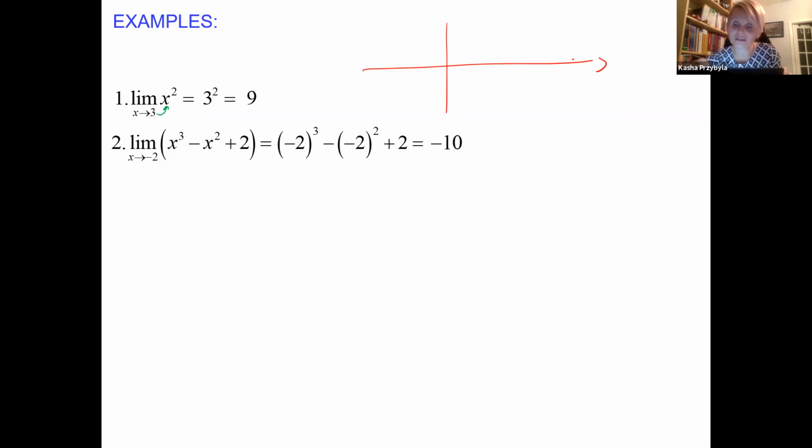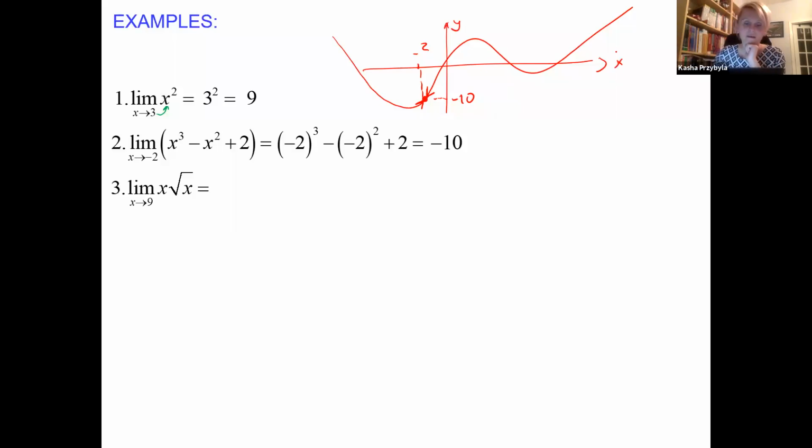At negative 2, the value is negative 10, and the limit is exactly the same. Limit means the curve is approaching that negative 10 level. Right, we understand.